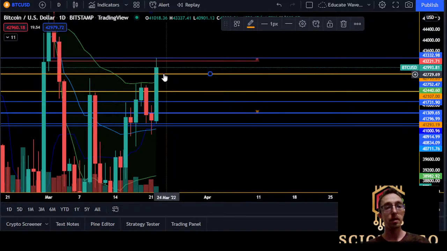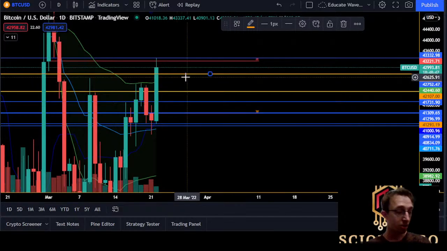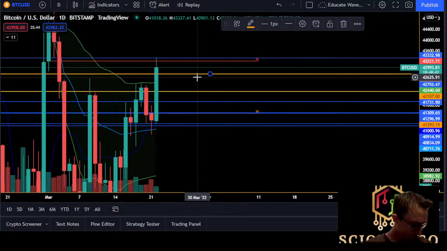But these also could be areas of consolidation, so be very cautious. Not everything is up and down. Everything can really just be, there's a big move, it retraces, and then it consolidates sideways under key levels of resistance. So that is a major thing to look out for right there.